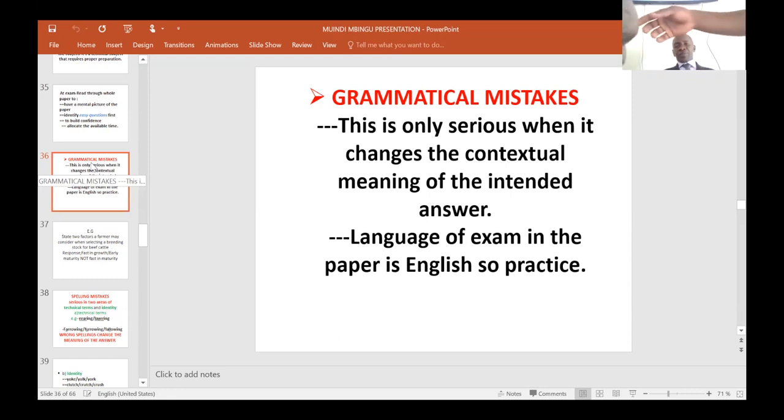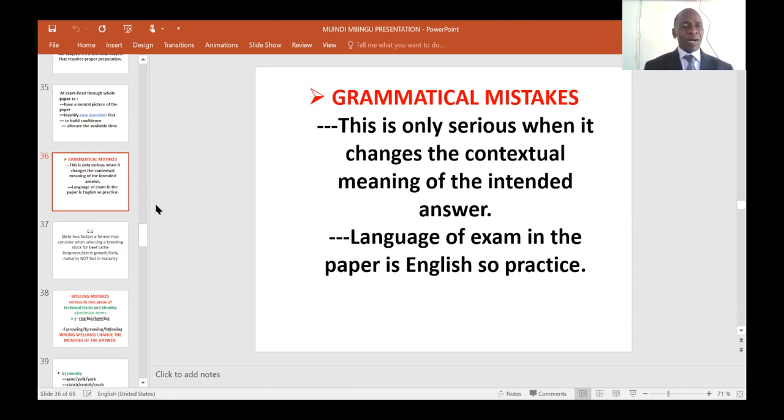HDMI. Is it okay? Once again, thank you, technical team. May God bless you for standing with us.